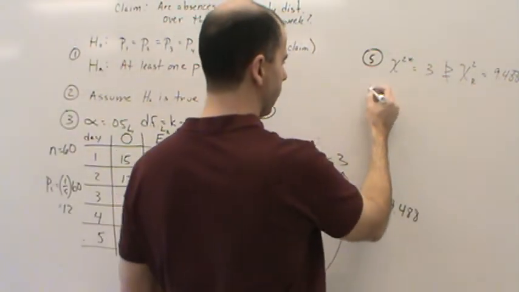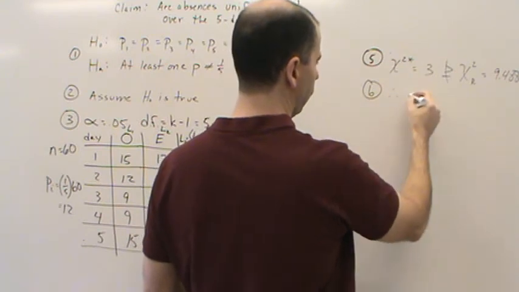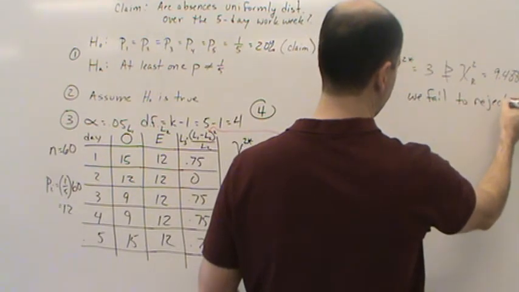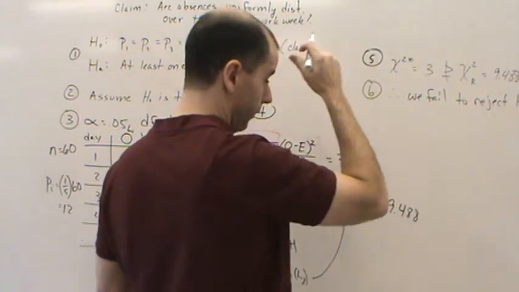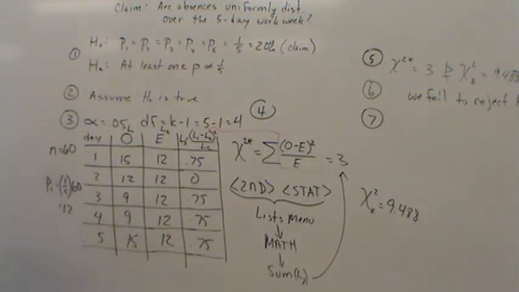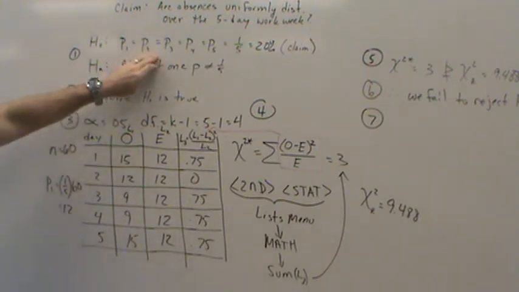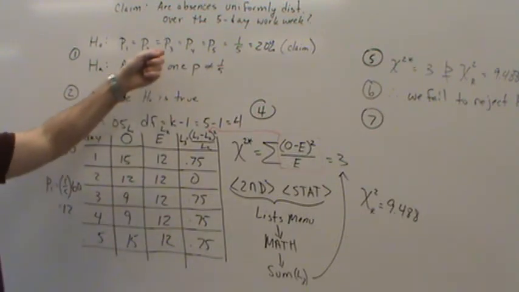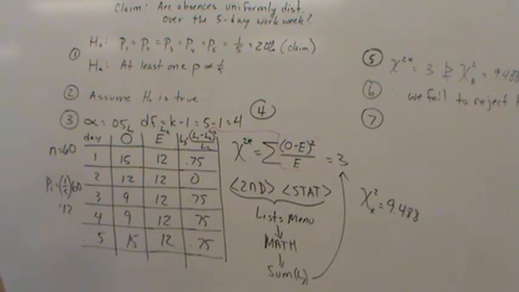So in this case, our result is, therefore, we fail to reject the null. And then our conclusion is now what? If we fail to reject the null, what does that mean for our claim? It means that we do not have enough evidence to reject the claim that absences are uniformly distributed.